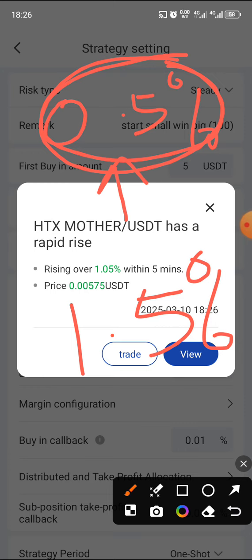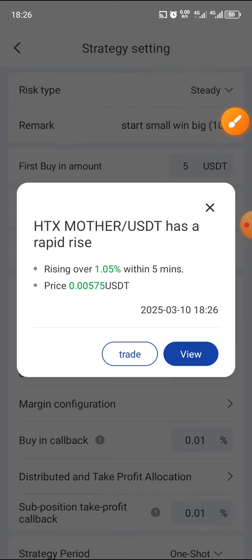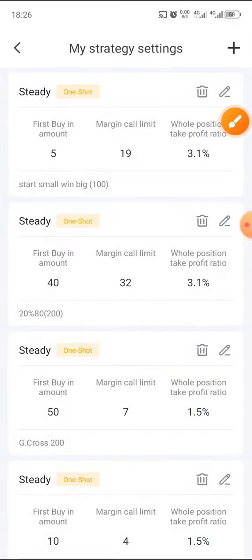I hope that's clear. So I want to move forward to the settings for those using $150 and beyond.